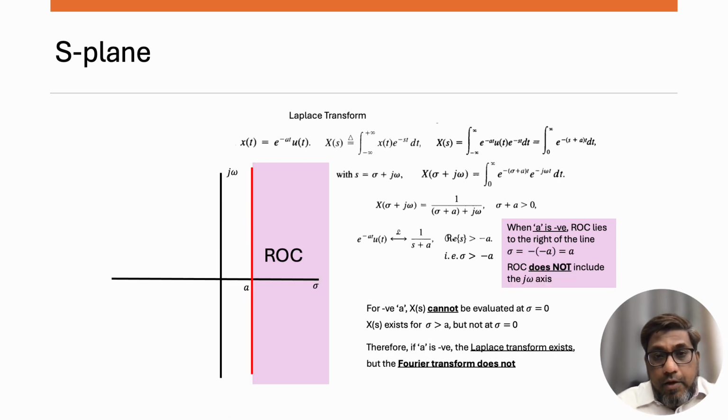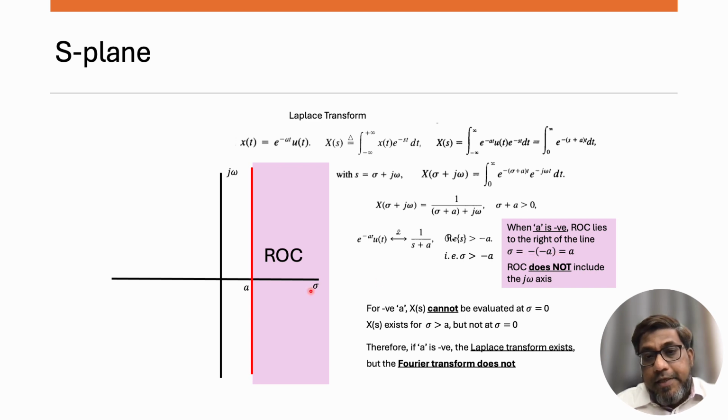Okay, now let us see what happens when the exponent a is negative. So the expression for the Laplace transform is going to look the same, except for the fact that the region of convergence is still sigma greater than minus a, but when a is negative, this becomes sigma greater than negative of negative a. That means sigma greater than positive a.